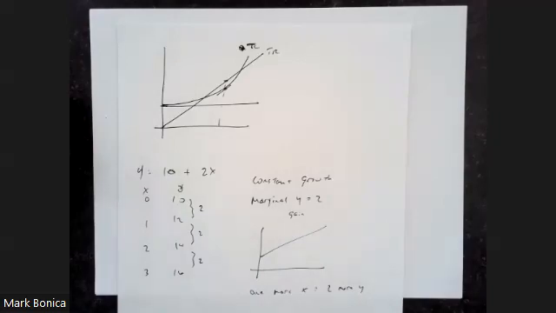The marginal cost is always going to be 2. Every time we add one more unit, we're going to increase the total cost by a fixed amount, which is 2 every time. So that's the marginal cost. We calculated that last time.